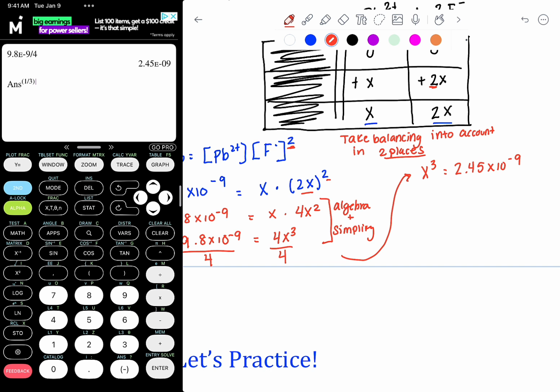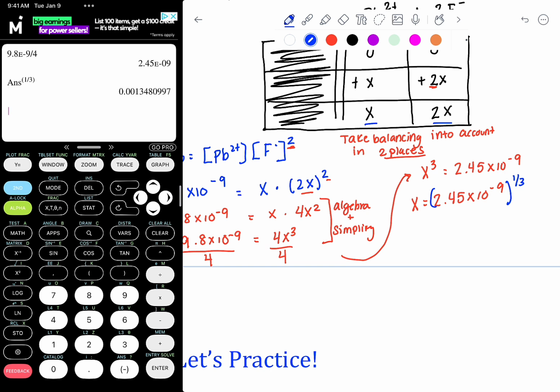So we know that x is going to be equal to 2.45 times 10 to the minus 9, and the cube root of that can be done as raising it to the 1/3. If you have a calculator where you have the cube root in your math menu, you can use that as well, or you could just raise it to the 1/3. Whatever works.